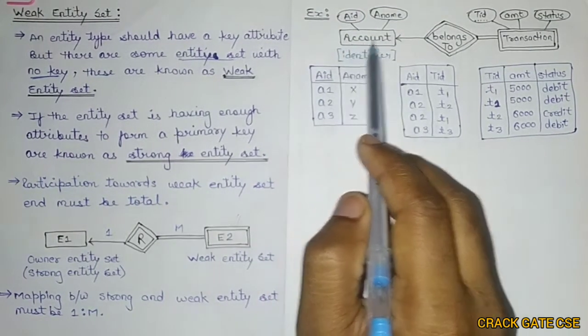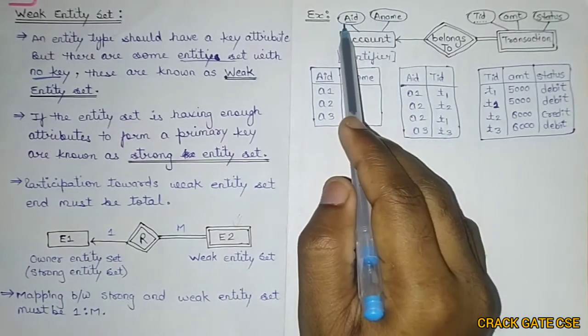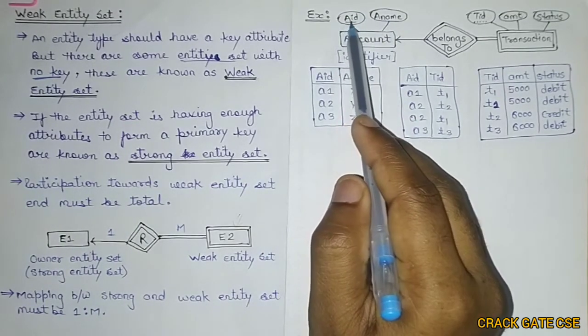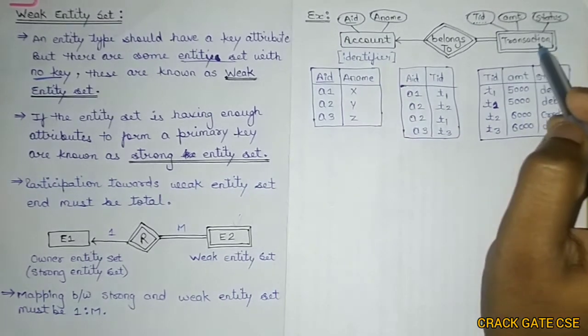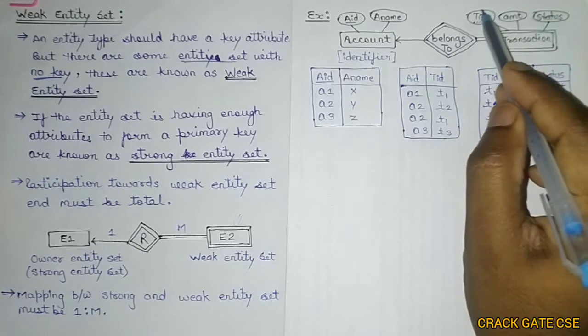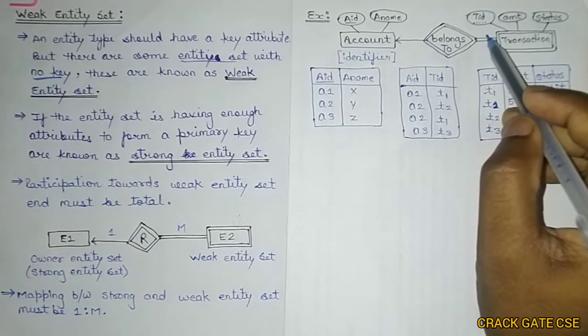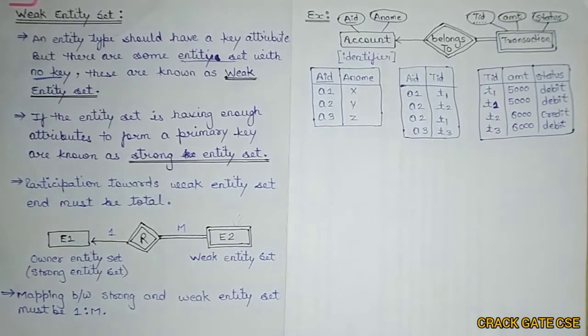So this account entity is having two attributes, account ID and account name, where account ID is a key attribute. Similarly, in the transaction there are three attributes: TID, amount, status. But TID is not capable enough to form a primary key, because there may be some cases when the transaction ID is the same.